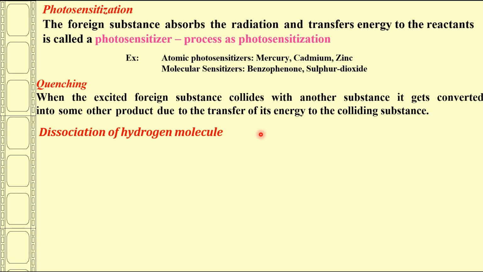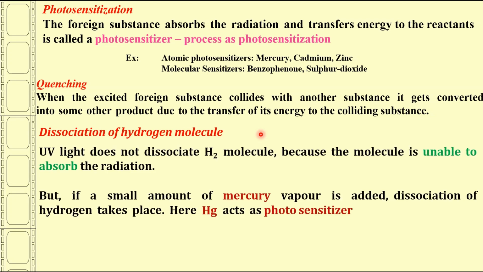Dissociation of hydrogen molecule is an example for a photosensitization reaction. Hydrogen molecule as such does not absorb the light energy, and that's why it is sensitized by the foreign substance.